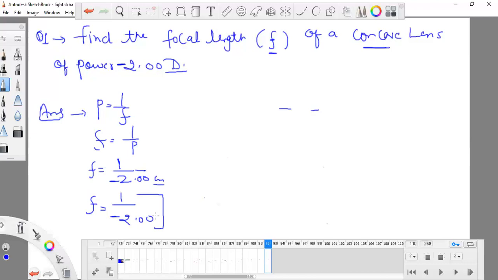And remember one thing, that you have to find out the focal length. Okay, just do this, do this.